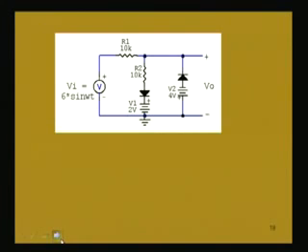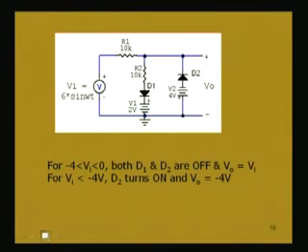Now, consider when the other diode will be conducting. This diode is already reverse biased by 4 volt. So, in order to conduct, we consider up to minus 4 volt in the negative half cycle, because in the positive half cycle it cannot conduct at all.